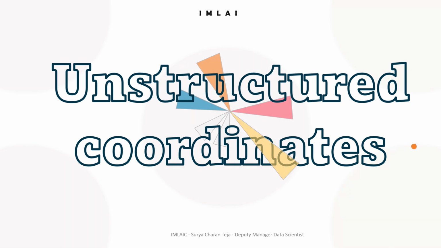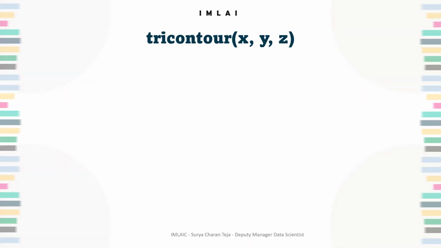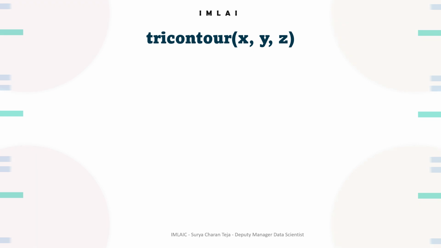So we will begin with the tricontour of x comma y comma z. That would be our first plot. So which function, which method of matplotlib are we going to use here?